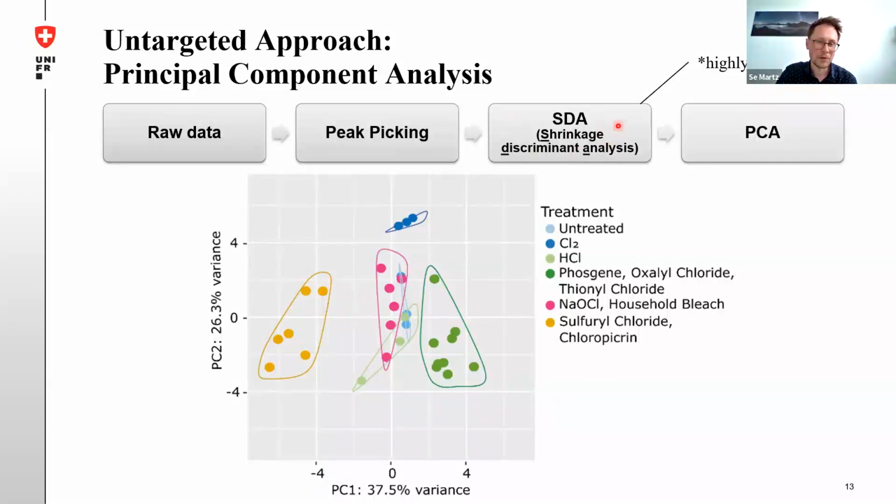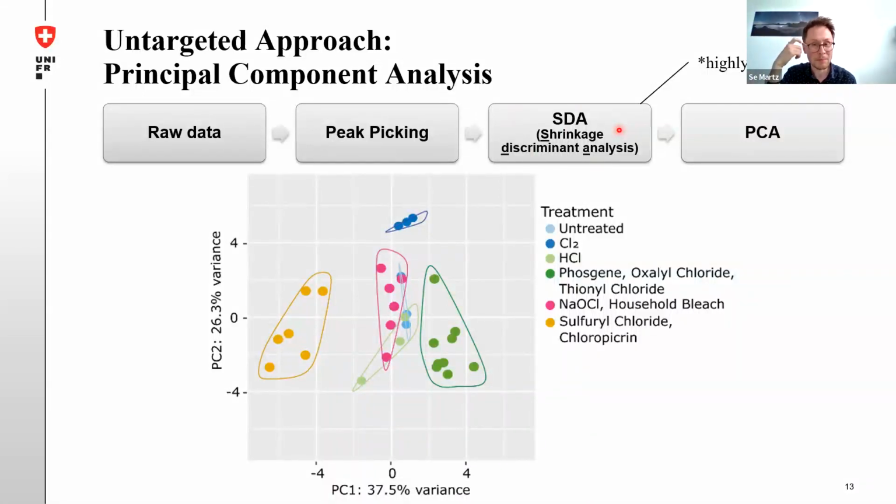Because at this point, we realized that our samples were highly correlative, meaning that around 99% and above, these samples had the same peaks.